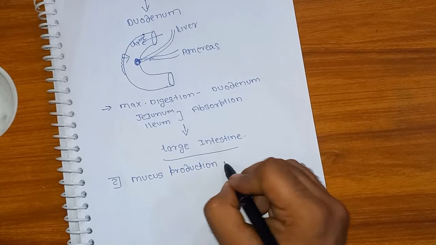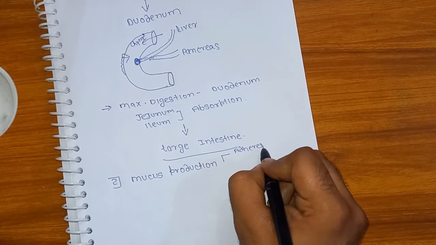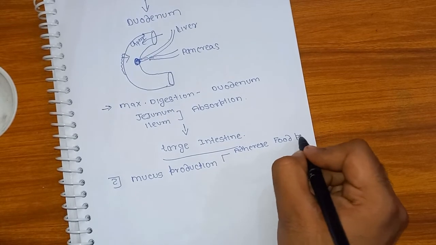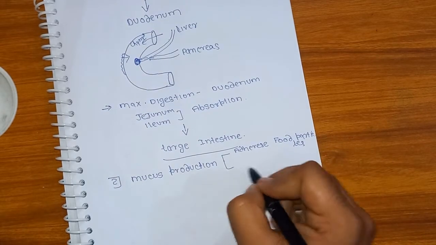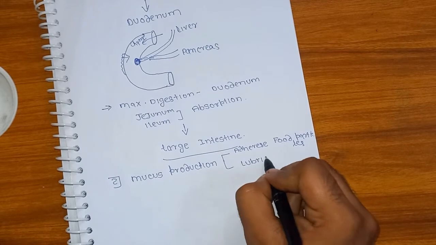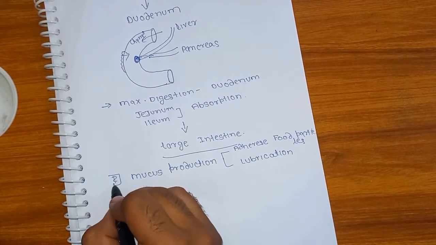Mucus makes food particles adhere, and the second important function of mucus is lubrication.